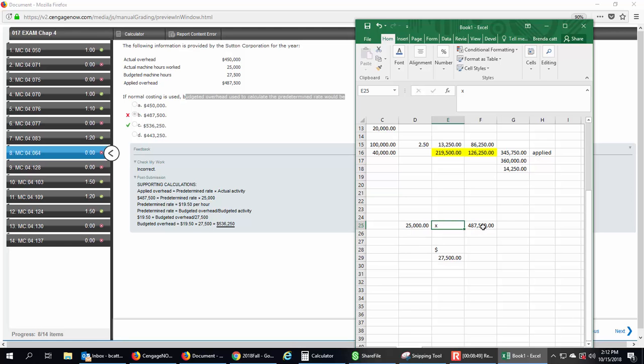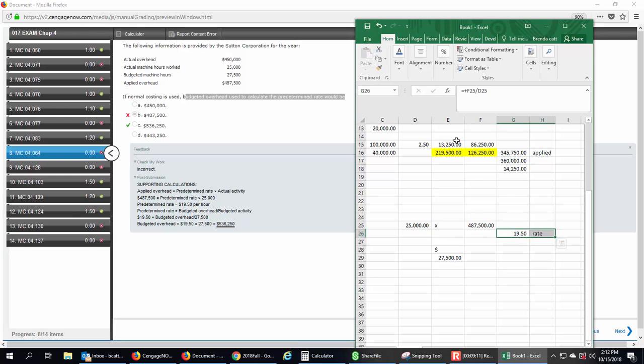So let's take this and divide it by 25,000, and we will have x. Good old algebra. We divide that by that and get our rate is $19.50.